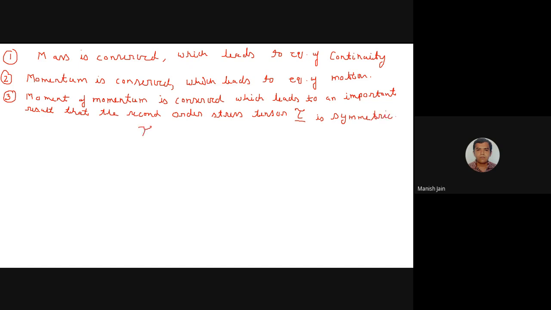Symmetric means if you have tau ij, that should be equal to tau ji. That is the definition of a symmetric tensor.